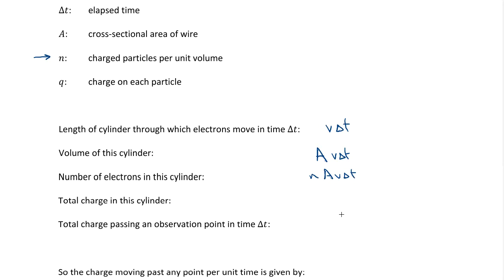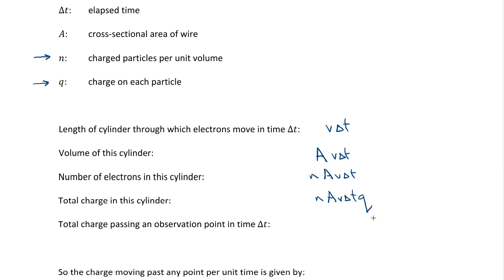Now, if we want to find the total charge in the cylinder, we know the total number of electrons. That's what this expression is. So I multiply the total number of electrons by the charge on each electron, which we've defined as q. So the total charge in that cylinder is equal to this expression.